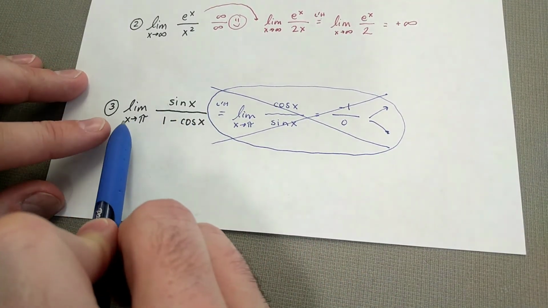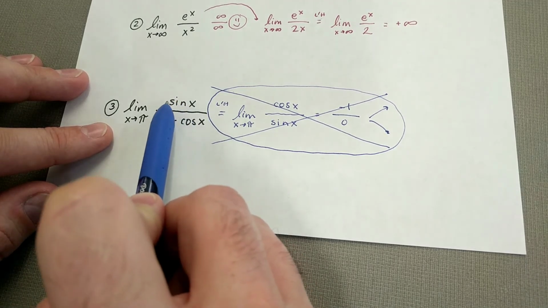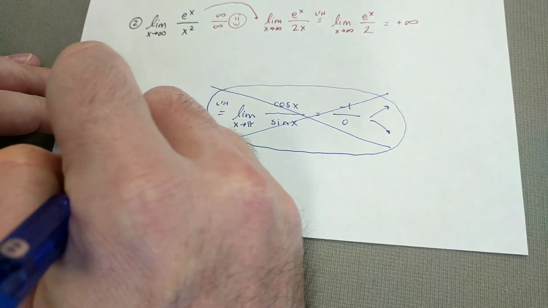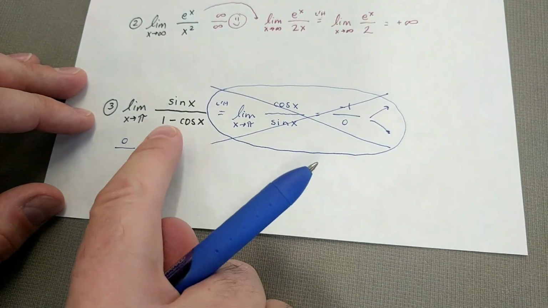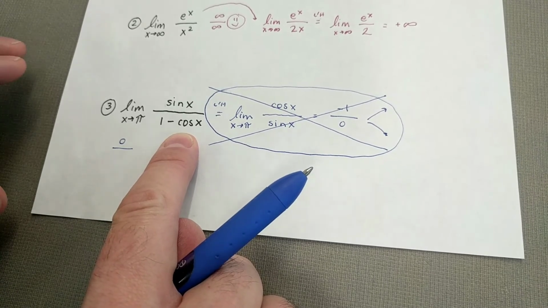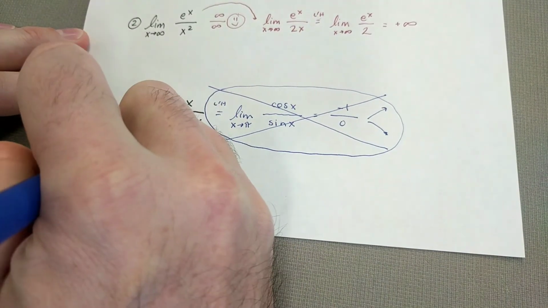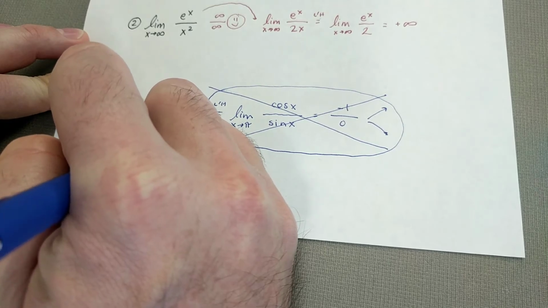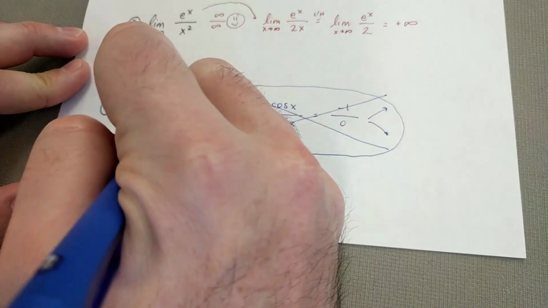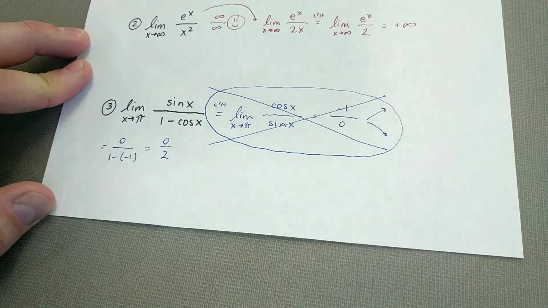Here we go. The limit as x approaches pi. So sine of pi is 0. Cosine of pi is -1. So this is 1 minus -1. So 0 over 2 is the form.